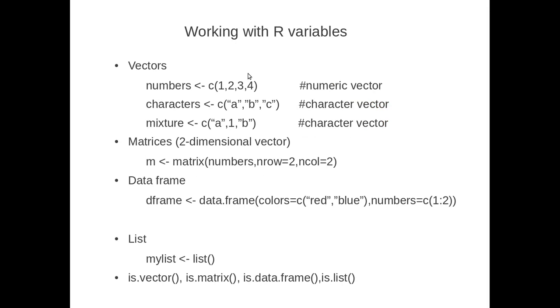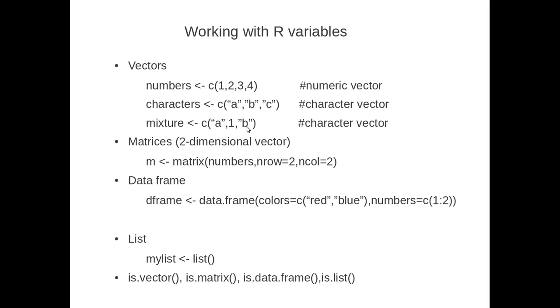Going back to the previous slide, you can see this is a numeric vector, this is a character vector, and this is a mixture of numeric and character. However, in R, this actually becomes a character vector.